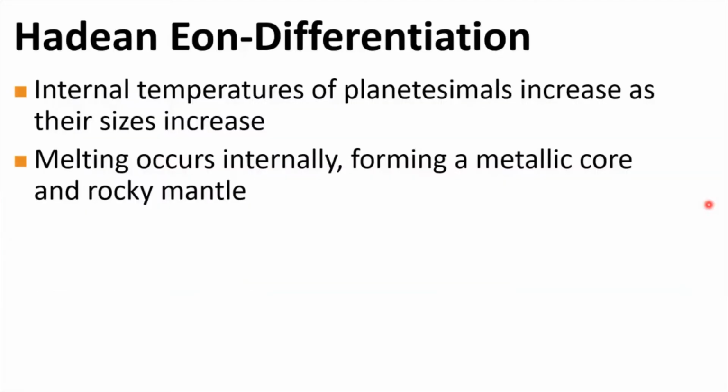During the Hadean Eon, there was a process known as differentiation. This is due to internal temperatures of planetesimals increasing as their sizes increased. And melting occurred internally, and it formed a metallic core and rocky mantle.